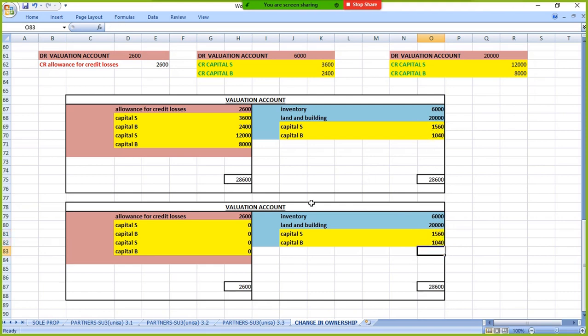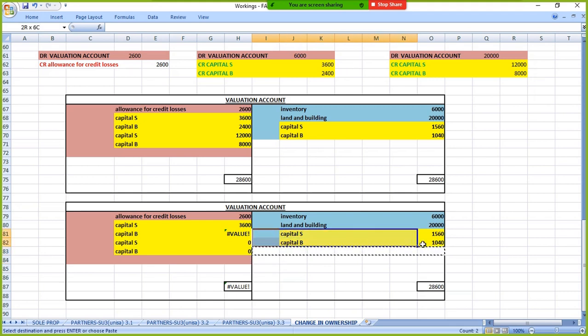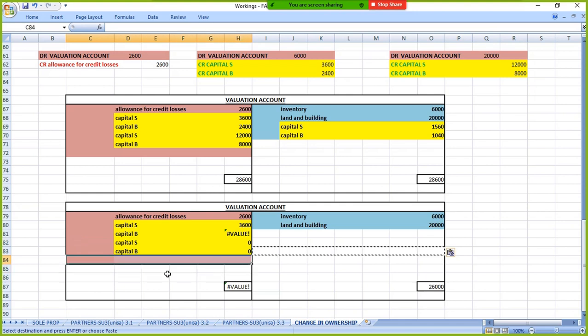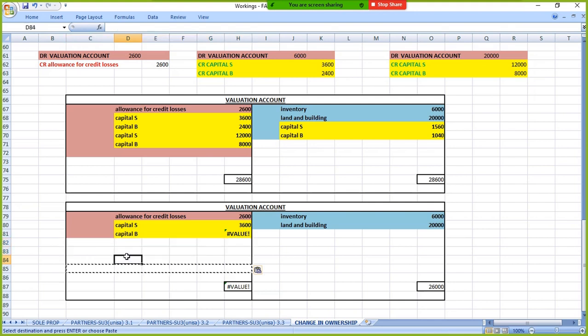I need to delete this. Okay, they've shown one working for it. But then UNISA needs to show a working. In brackets, UNISA should have shown this: 3,600 plus 12,000 minus 1,560, close brackets.